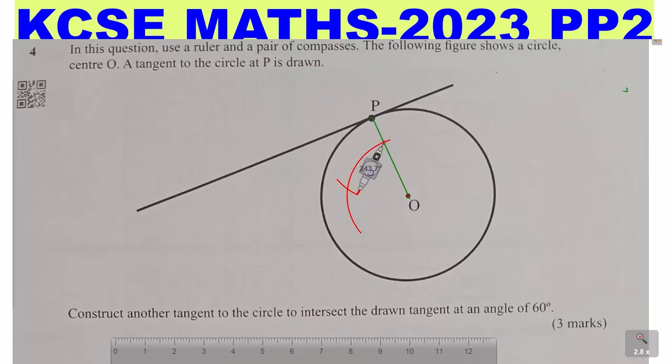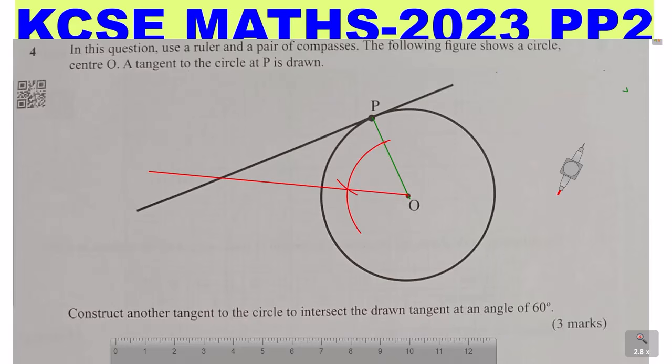So that is how we construct 60 degrees. Then using a ruler, draw a straight line, join point O, like that, to the point of intersection of the two arcs. So that angle will be 60 degrees.